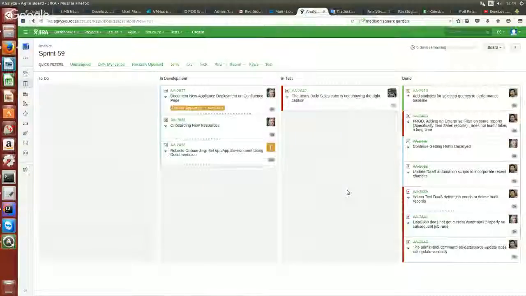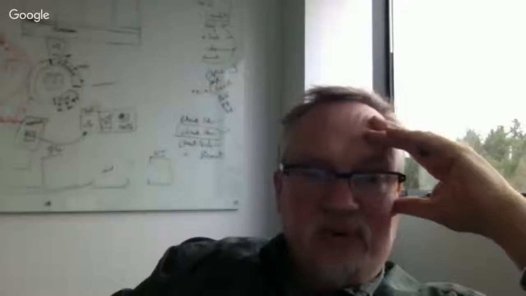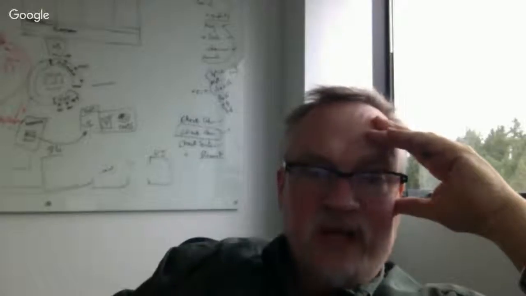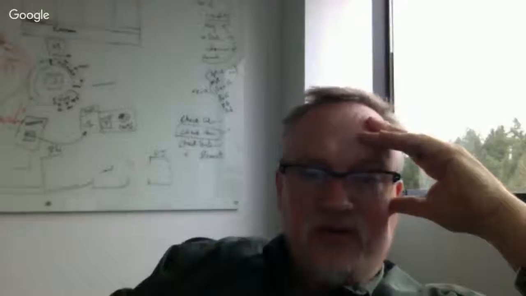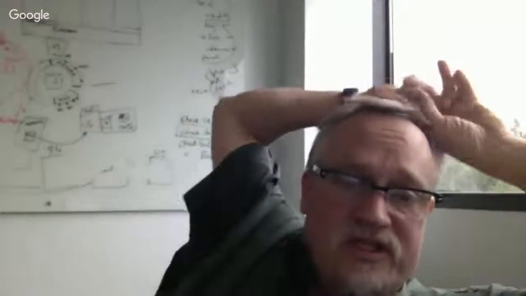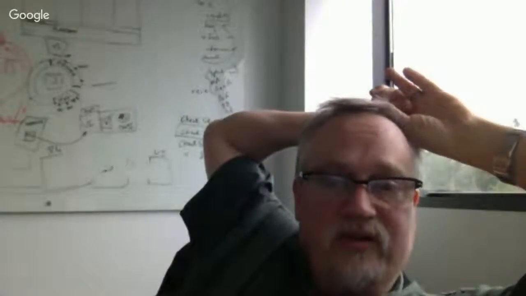Jerry probably needs to go away, and Nick probably needs to go away, and you need to be added. Roberto needs to be added. But anyway, this is where you also see in test and done. The completed ones go into in test, and then Ryan moves them over to done. Anyway, this view is a little better than that other view.